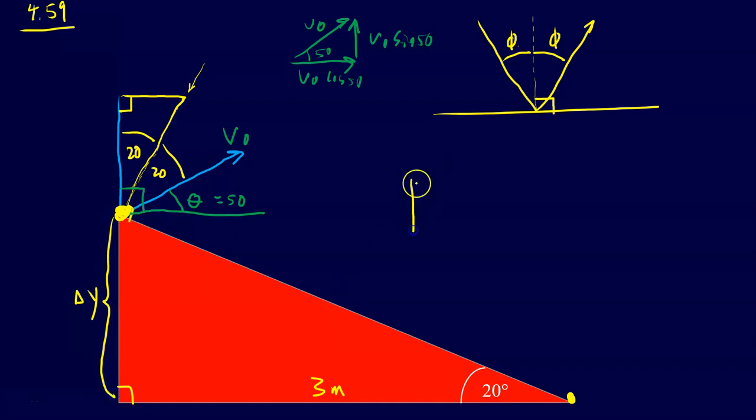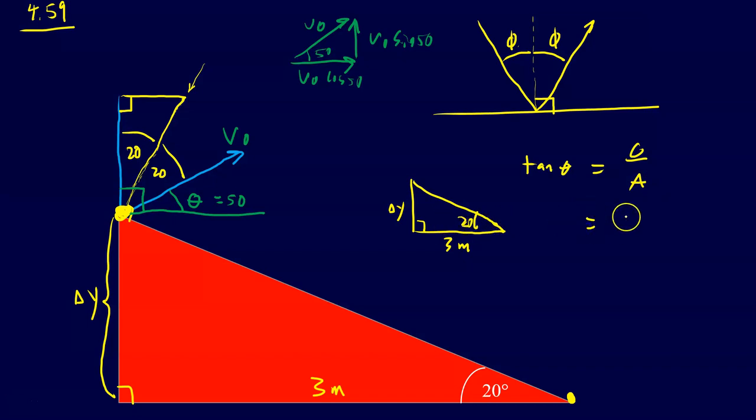Once again, we'll use some right triangle trigonometry for this. This is a problem where this angle is 20 and this side is 3 meters. For my delta y, I would do the tangent of theta equals opposite over adjacent.